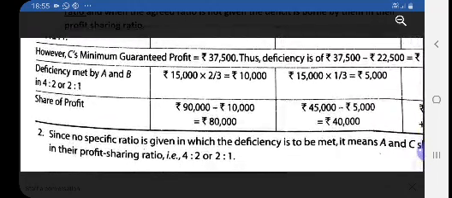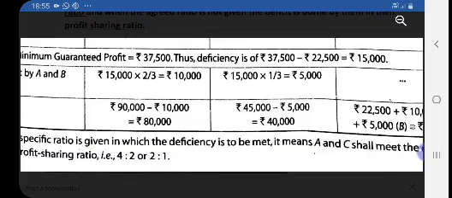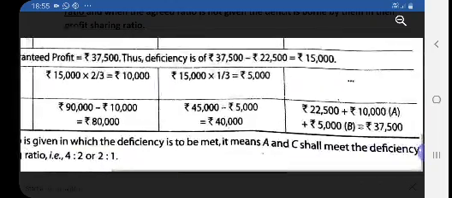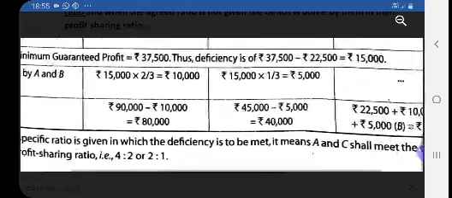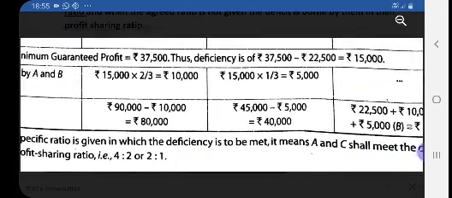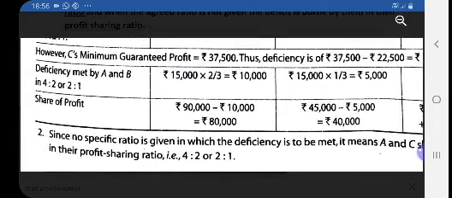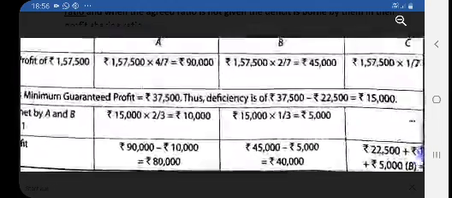Okay, this is one of the cases. Since no specific ratio is given in which the deficiency is to be met, it means A and B shall meet the deficiency in their profit sharing ratio. Sorry, it is written C. A and B will meet it in the ratio 4:2, that is 2:1.